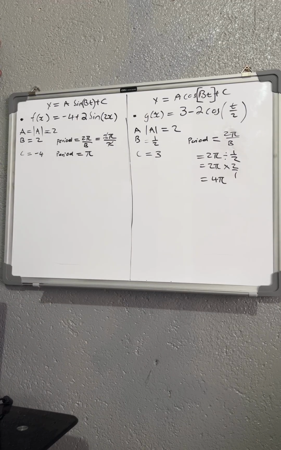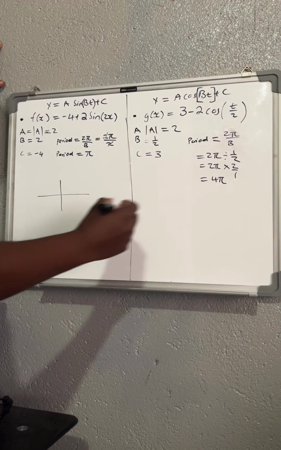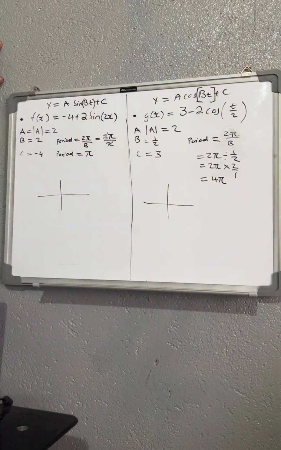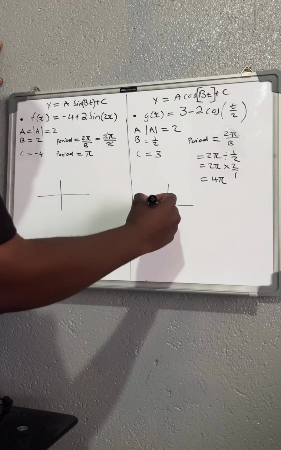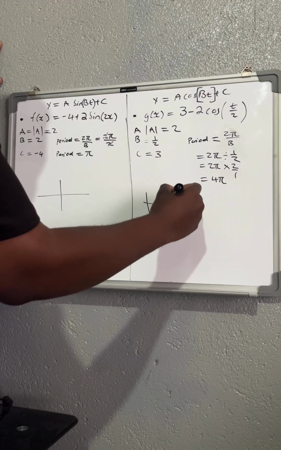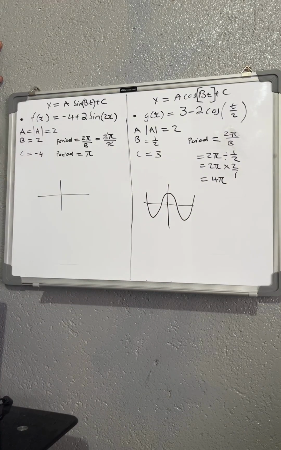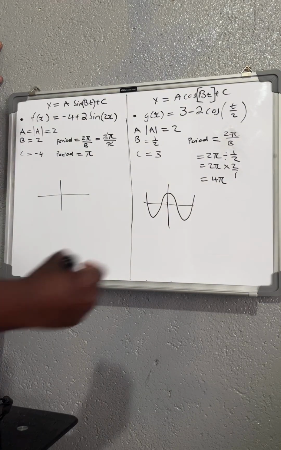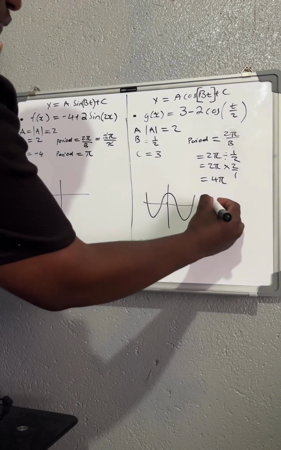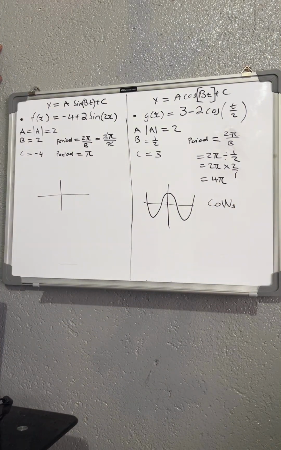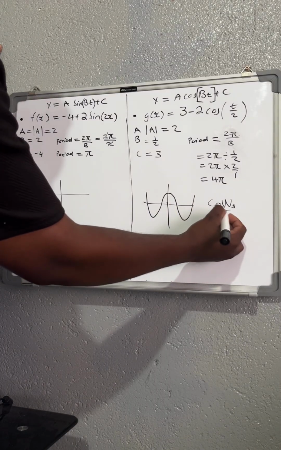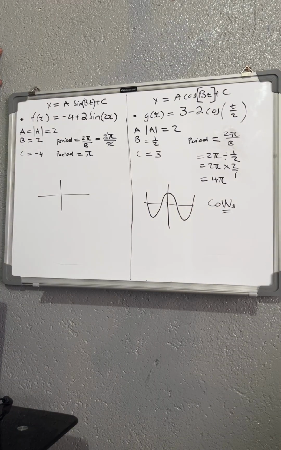Remember, we have these two graphs. We have this one and this one. How do you note the graph of cos? It's always looking something like this, which is more like a W shape. So I would always just call it cos, just to remember with the W in the middle.